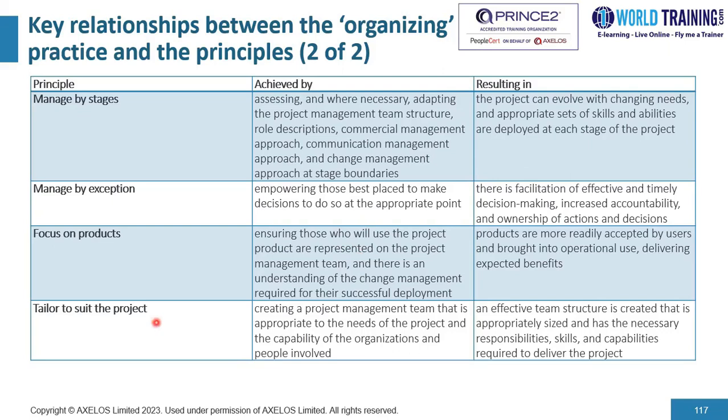Now, this particular relationship is achieved by creating a project management team that is appropriate to the needs of the project and the capability of the organizations and people involved. And what would this result in? It would result in an effective team structure that is appropriately sized and has the necessary responsibilities, skills, and capabilities required to deliver the project.